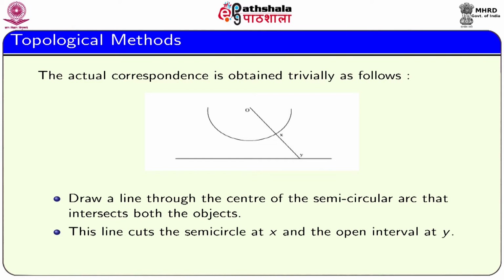Now this line cuts the semicircular arc at the point x and the open interval at the point y. And with this correspondence we can map x to y and y to x. So we can think of a function which maps the point x to the point y, and this function is certainly bijective because there is no other point where y goes back to.